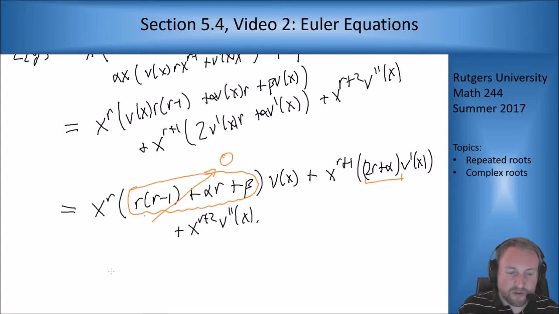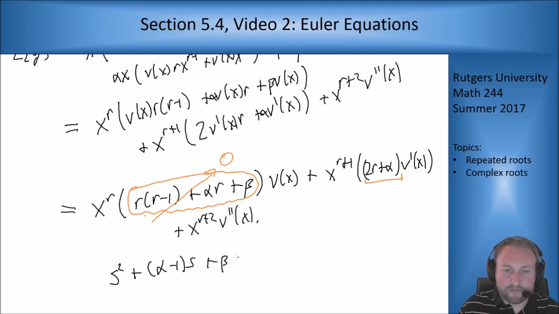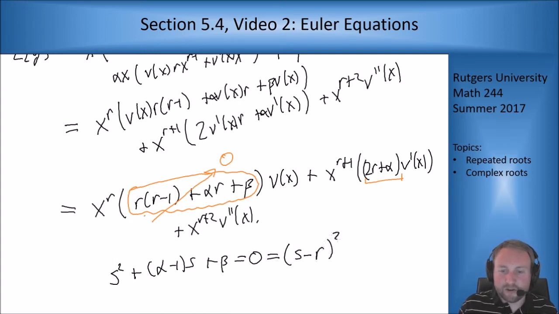So our equation that we wrote before was s squared plus alpha minus 1 s plus beta equals 0. However, we assume that we had a repeated root at r, which means this is the same thing as s minus r squared, which we can expand out as s squared minus 2rs plus r squared.